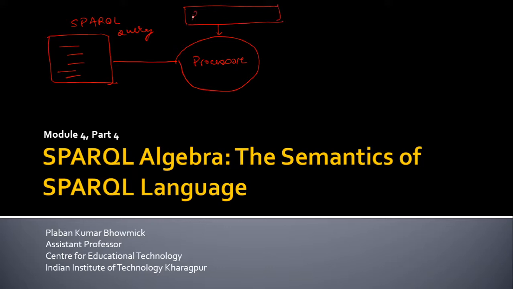This is where your RDF data set comes in. The processor first will understand the query, and in the second place will compute different values, and whatever you get out of this computation will be your result.